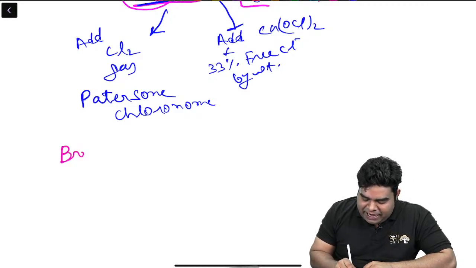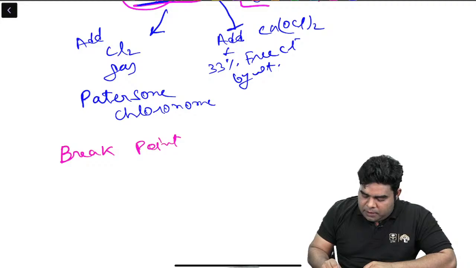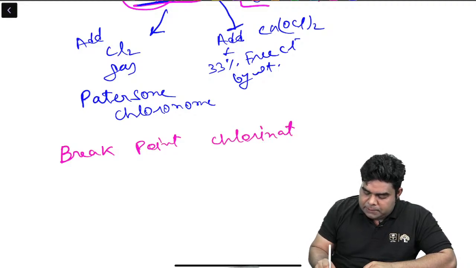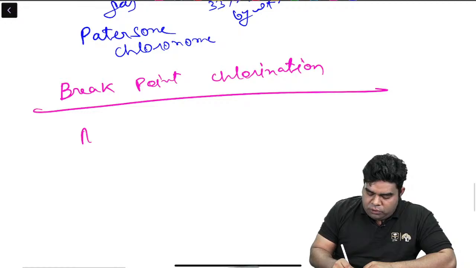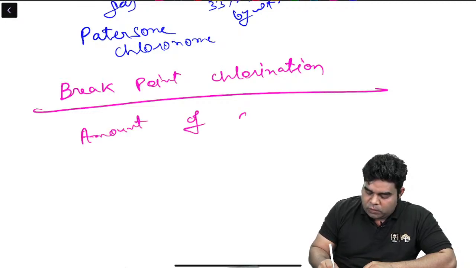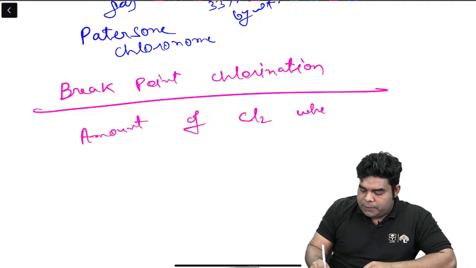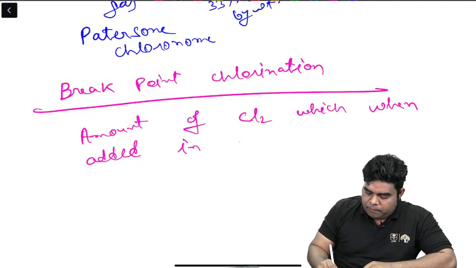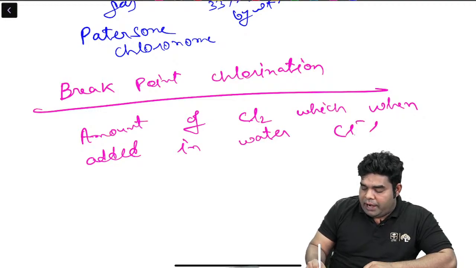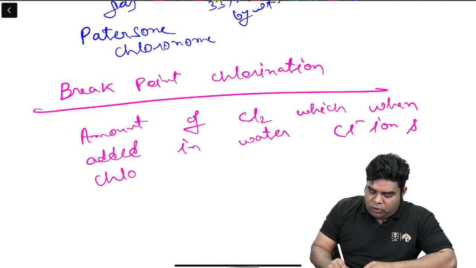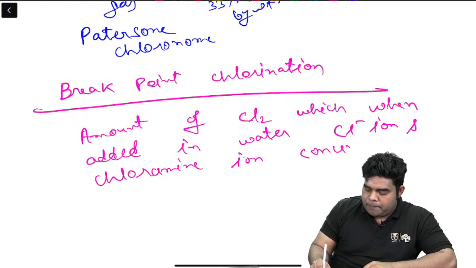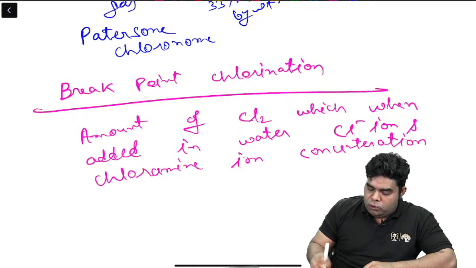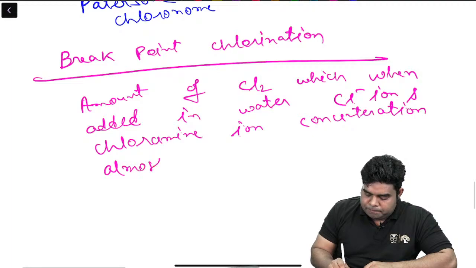The definition is that breakpoint chlorination simply means that amount of chlorine which, when added in water, chlorine ion and chloramine ion concentration almost become negligible.